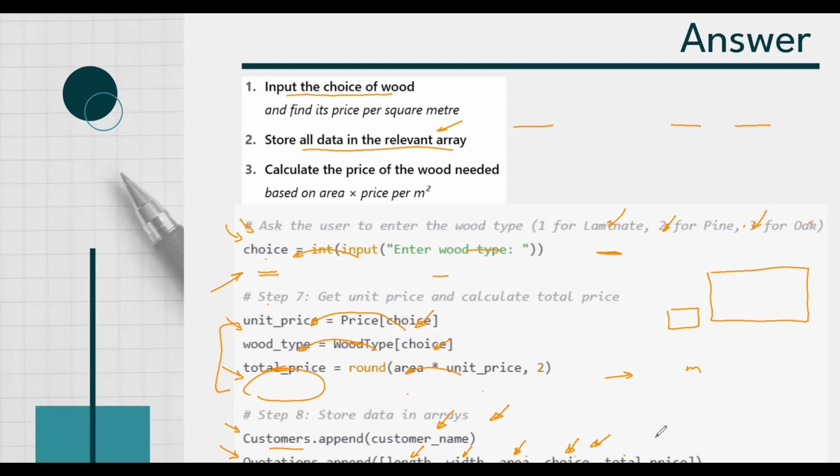Just initialize these three variables to 0 and make this command, which is appending the data to the array. You don't really need to know how to do these steps, as long as you know how to append something to an array. So the customer array will need to take the user input, the name of the customer. And then the quotations are already mentioned.